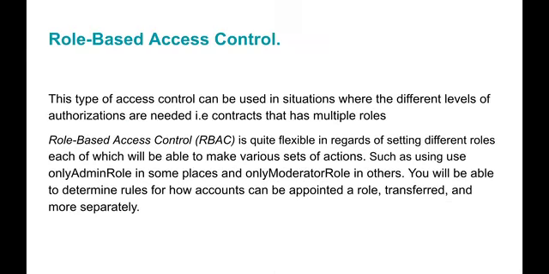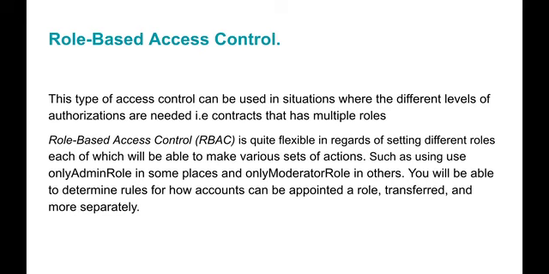Moving on, we have another one called role-based access control. This type of access control can be used in situations where different levels of authorization are needed, that is, a contract that has multiple roles. It can be used where you have different roles for different purposes and for different people.